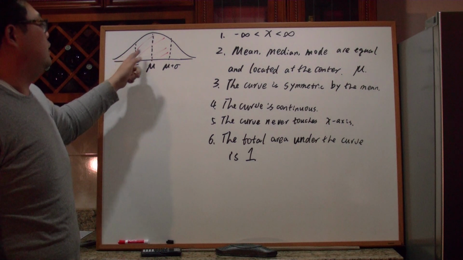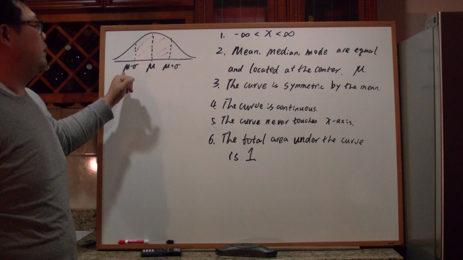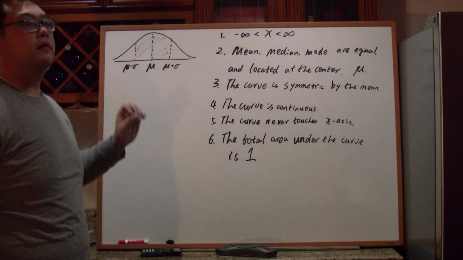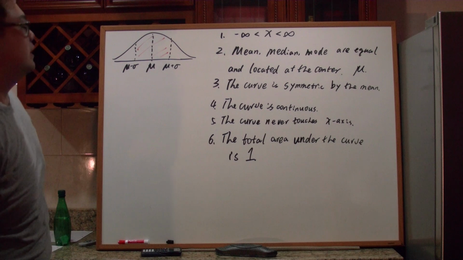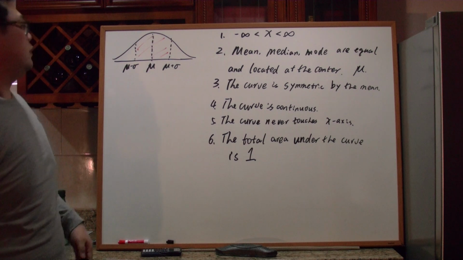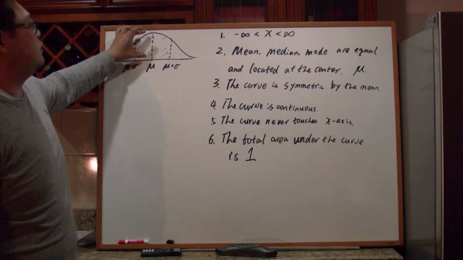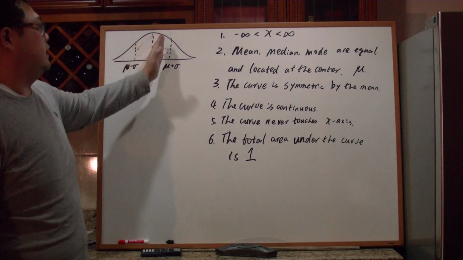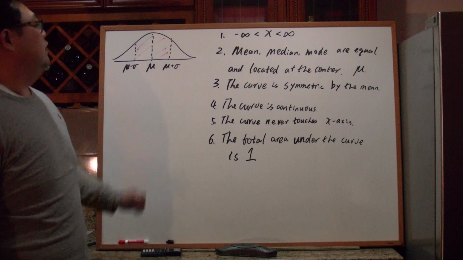Right? The middle, from one standard deviation below to one standard deviation above the mean, that is 68%, which means this range has an area of 0.68.